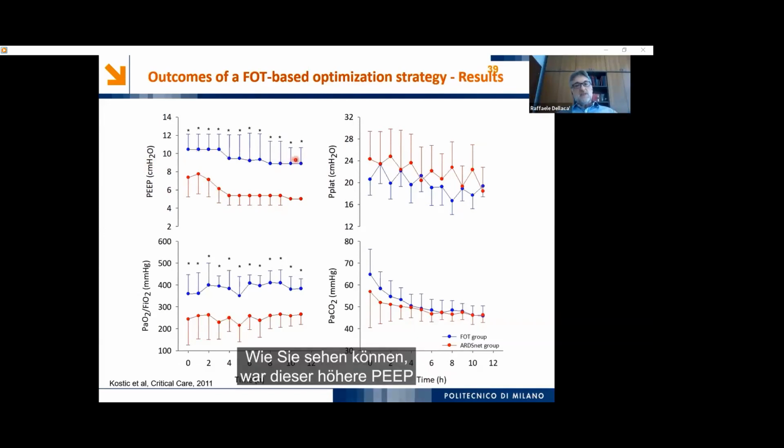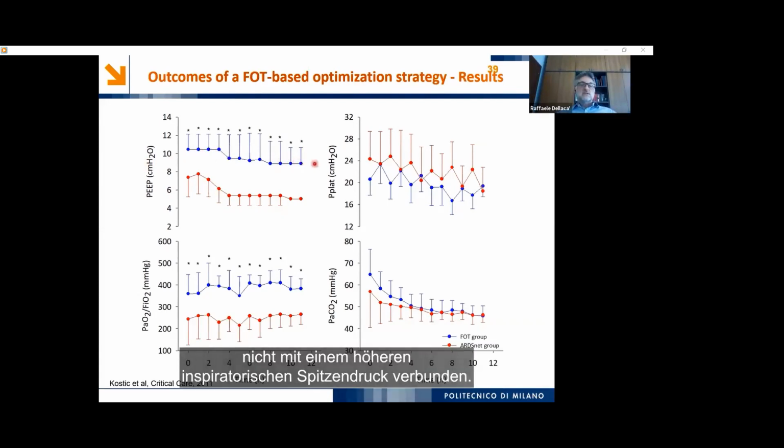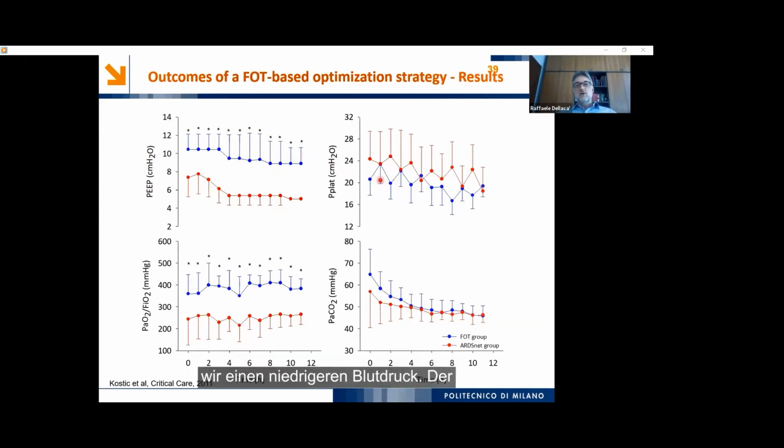As you can see, this higher PEEP was not associated to higher peak inspiratory pressure. So to provide the same tidal volume, even if we were using a higher PEEP, we were reaching lower plateau pressure. And the reason was that by optimizing the mechanical condition of the lung, we were increasing the size of the baby lung, getting this baby lung as big as possible, and therefore our tidal volume was distributed in a larger amount of ventilated lung, resulting in lower plateau pressure.